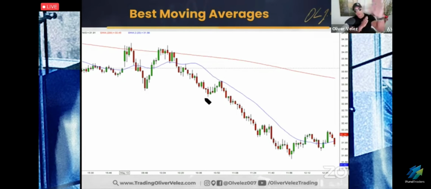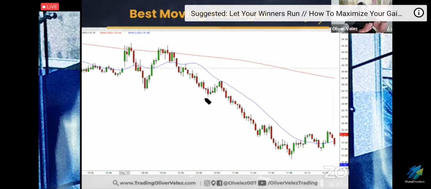If the 20 period moving average is pointing upward, our plays should be looking for the stock to go upward. We want to play with the flow of the 20 period moving average. We want to play in the direction of the 20 period moving average. If the 20 period moving average is declining, we want to bet to the downside. So rising 20, we bet to the upside. Declining 20, we're going to bet to the downside.